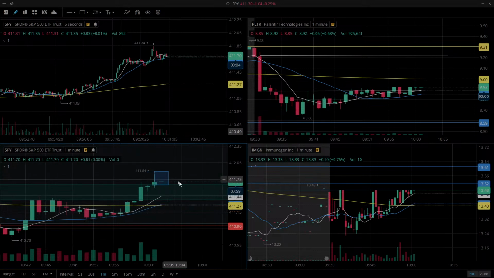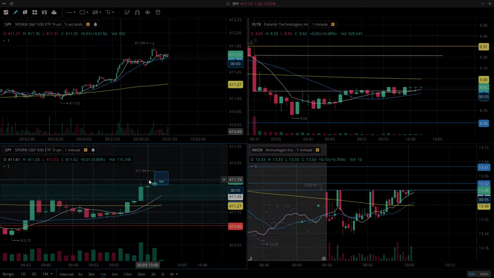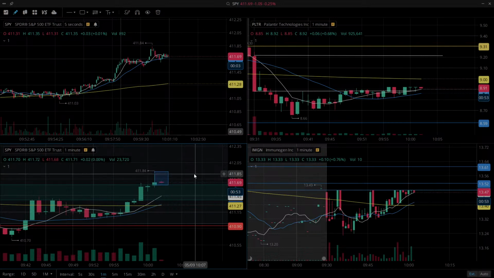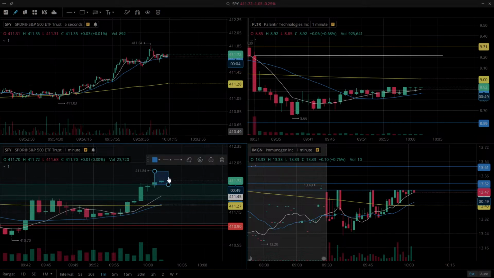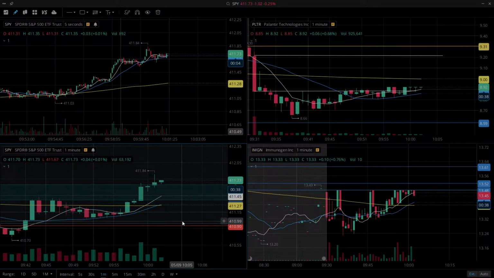You've got to be nimble as hell to catch those though, and that wick will rarely touch the top of that box. Usually it'll stop a few cents short, and this one did indeed, at 411.85. Doesn't mean it won't resume the trend because we can fill this. This is where a bunch of limit orders happened, so this was a breakout that failed. Doesn't mean it won't attempt it again.